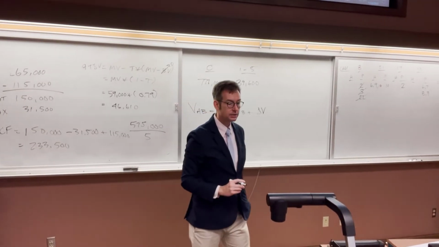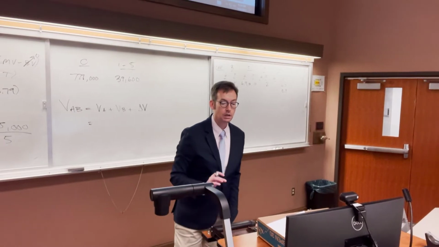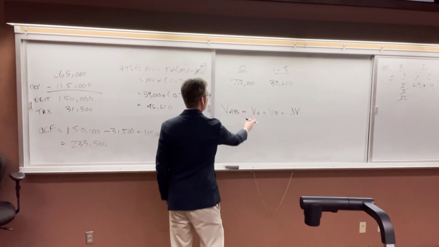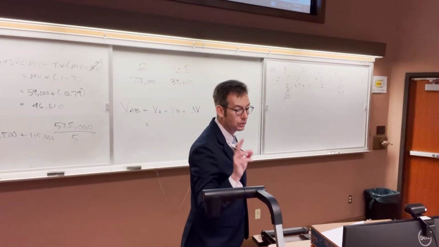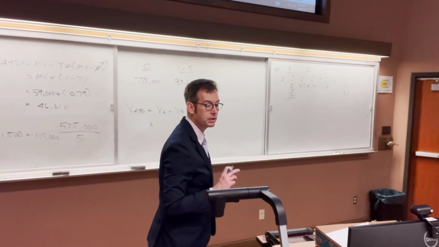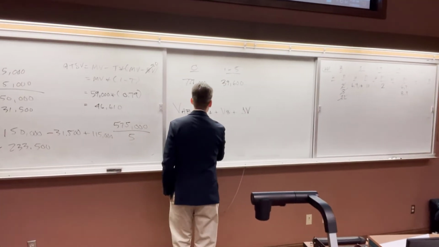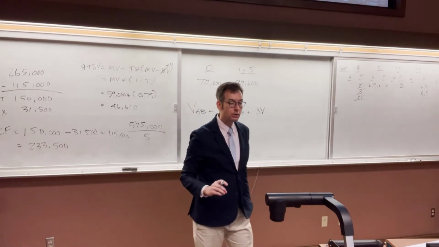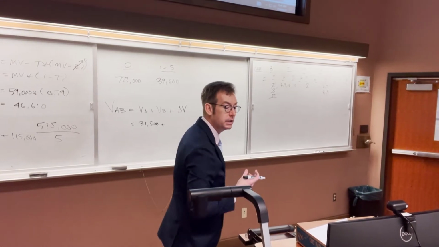Okay, how do I figure out the standalone value for the acquiring firm? 1,500 times 21. Can someone tell me that number? 31,500. Okay. The standalone value of B, the target, has 1,000 shares at 22.